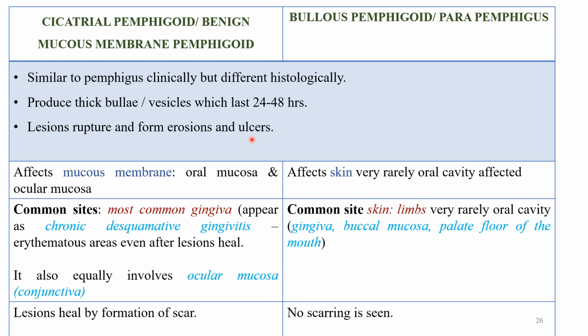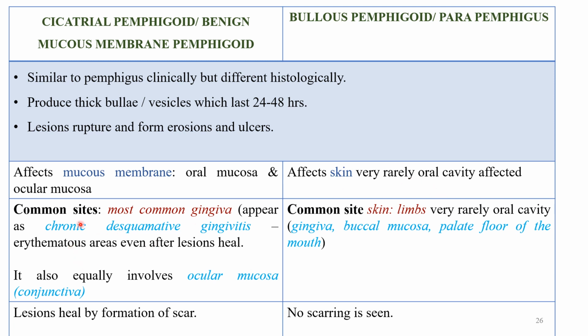Later they rupture and result in the formation of erosions and ulcers. Coming to the dissimilarities, cicatricial pemphigoid commonly affects the mucous membrane compared to the skin. It affects both the oral mucosa as well as the ocular mucosa. Whereas bullous pemphigoid predominantly affects the skin and very rarely affects the oral cavity.